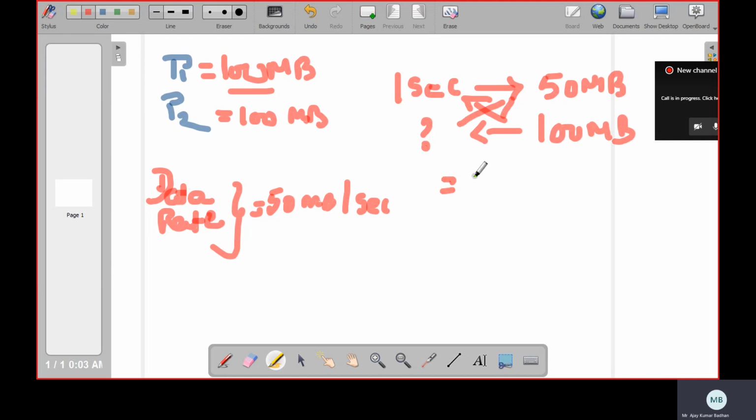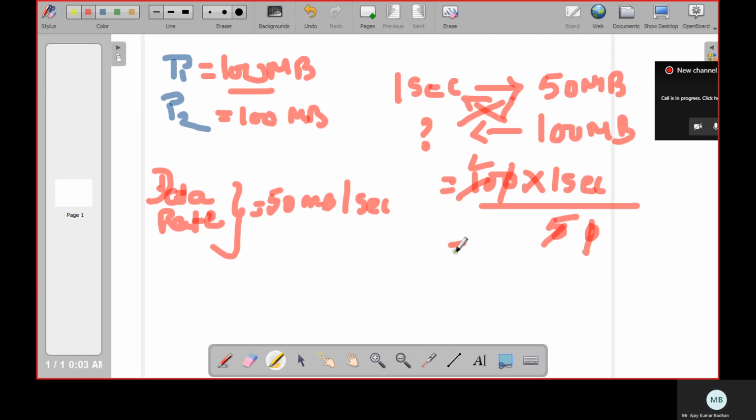That is 100 into 1 second divided by 50. So it takes 2 seconds to swap out a process of size 100 MB.